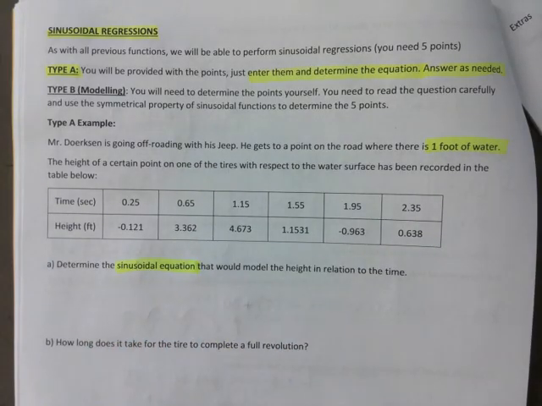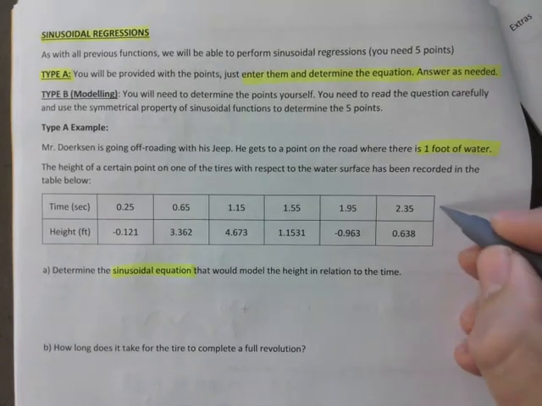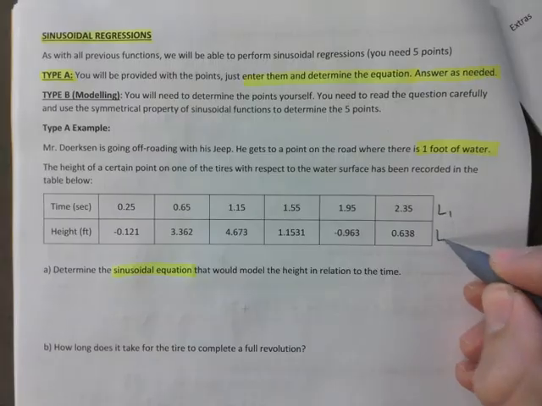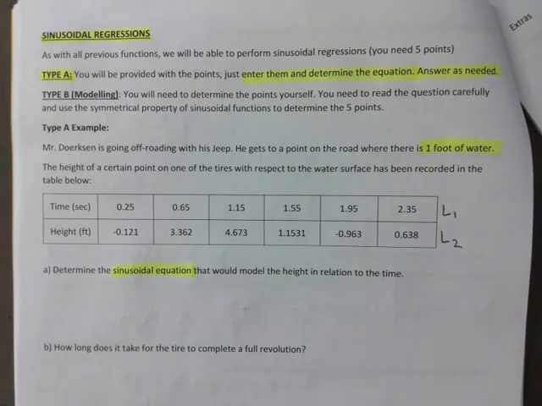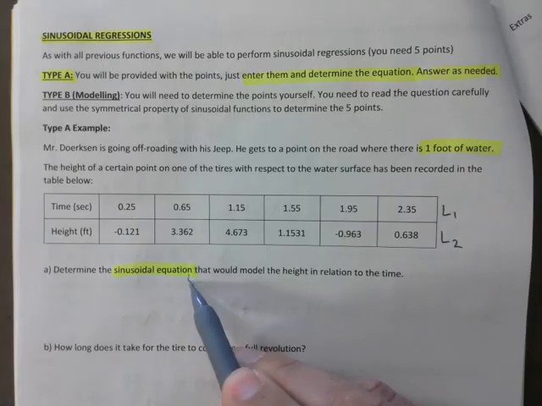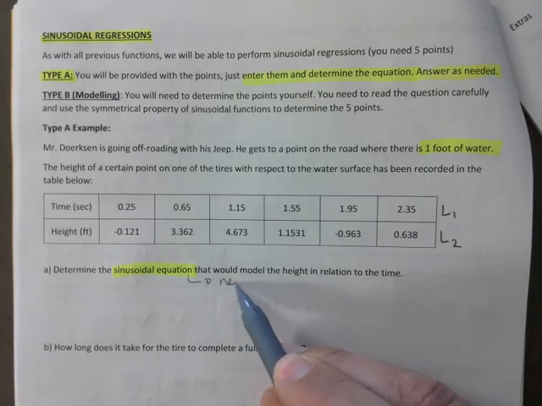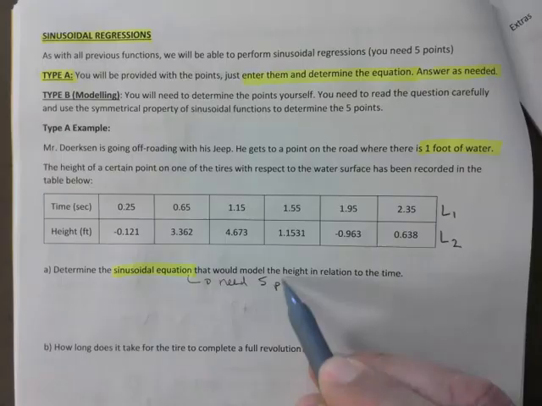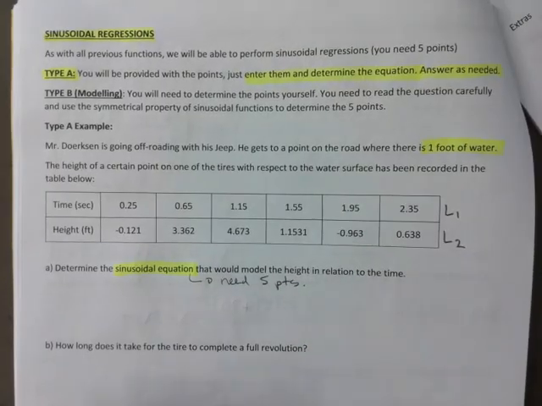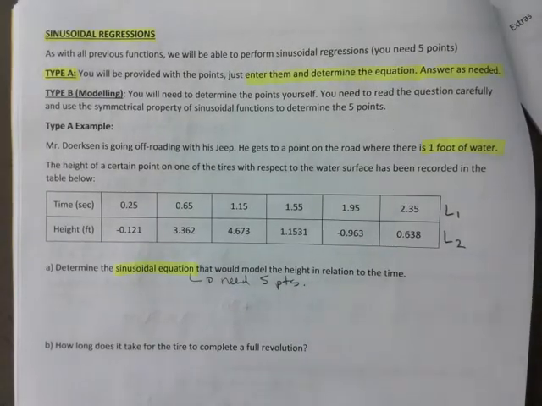Please don't argue with the question. It's telling you it's a sinusoidal. You put this into L1, you put this into L2. Make a note here. How many points do you need? Did anybody remember? You need 5. Need 5 points. So if you don't have them, you're going to have to come up with 5 consecutive points.